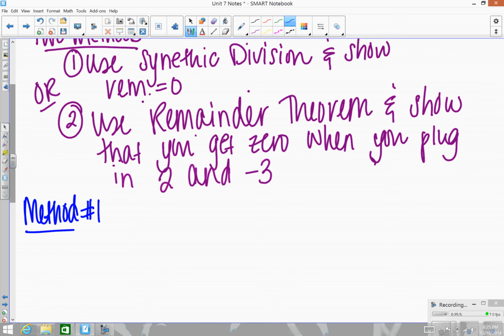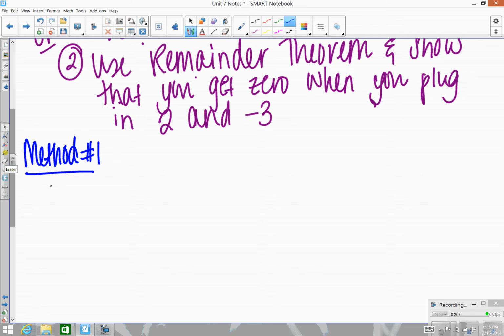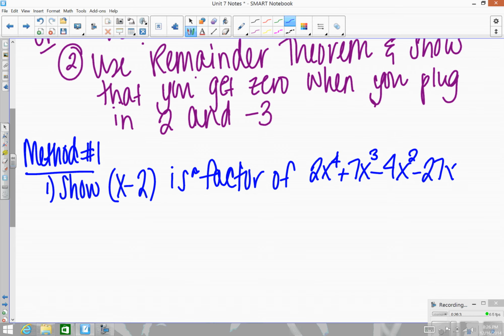And what I want to do is, first of all, show that x minus 2 is a factor of 2x to the 4th plus 7x to the 3rd minus 4x squared minus 27x minus 18.